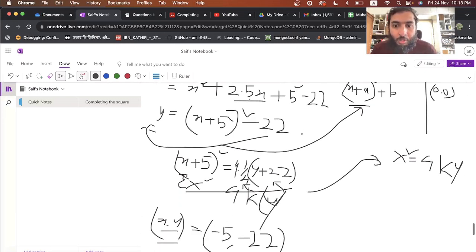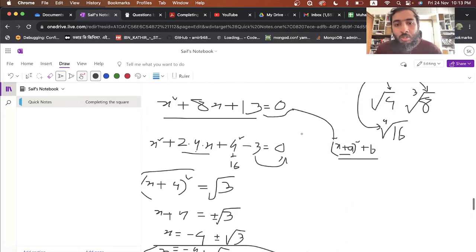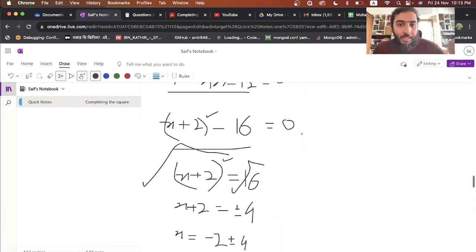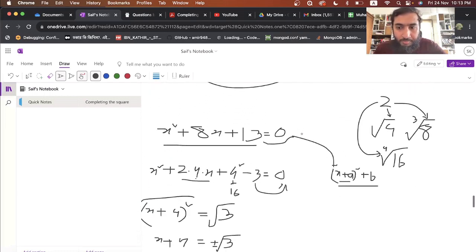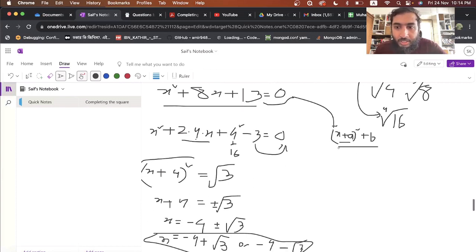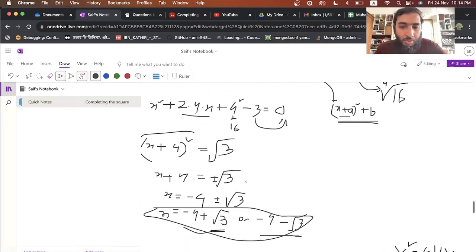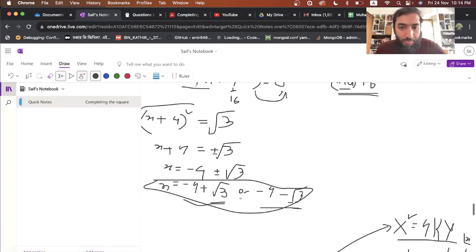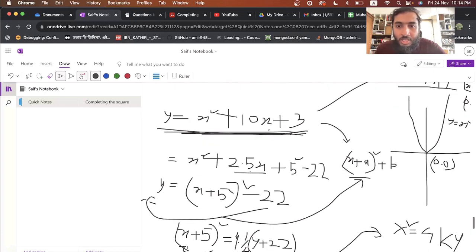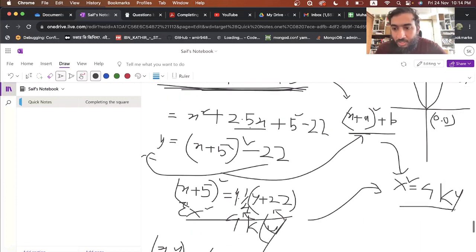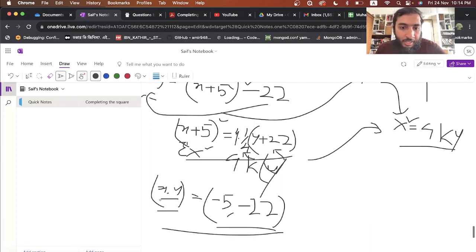For example, in the surd form, I have to change it into this form in order to use a root, and similarly I have to change this equation into this form in order to change it into a parabolic equation that resembles x square equals 4ky, and find the coordinates from there.